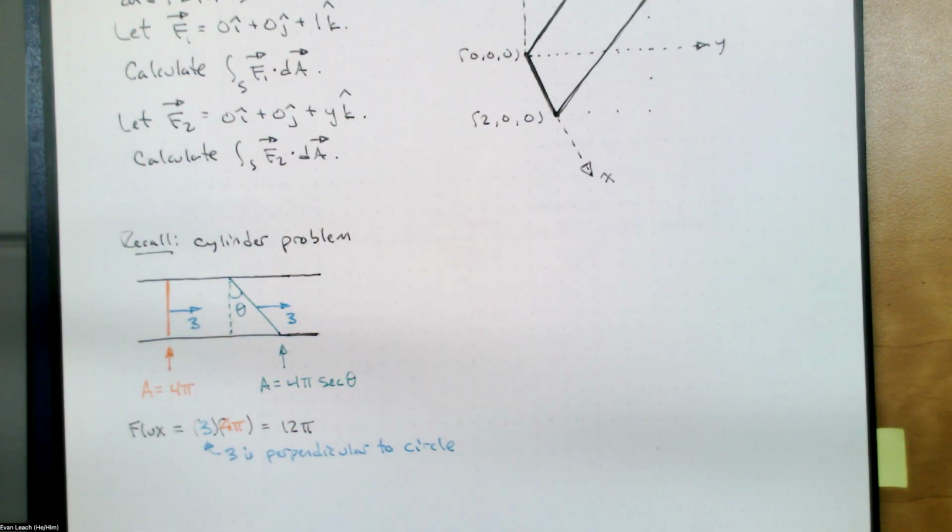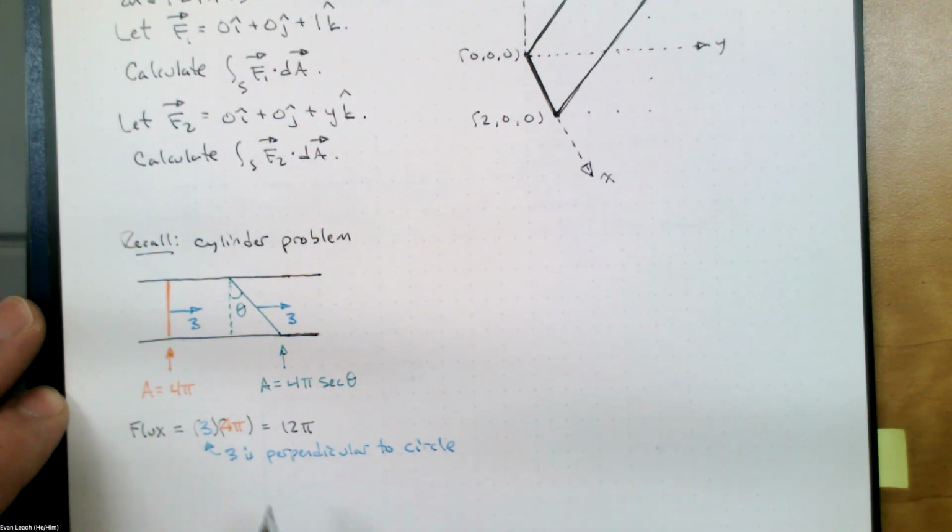The angle between the velocity and the normal vector of the circle is 0. So the cosine of 0 is 1.